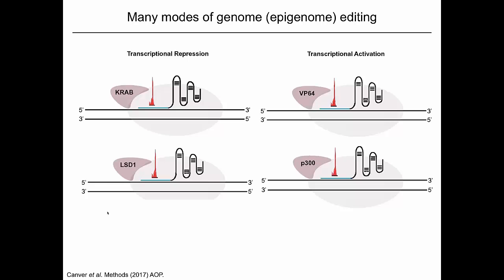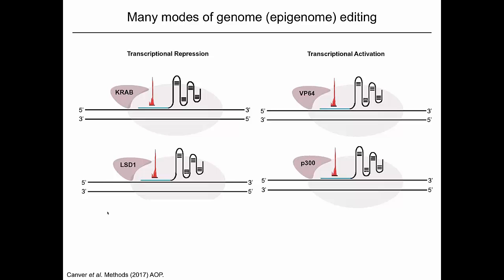There are a number of approaches that use nuclease inactive versions of Cas9, so-called dead Cas9 or dCas9, that are coupled to various biochemical moieties that may result, rather than in genome editing, in what's referred to as epigenome editing.